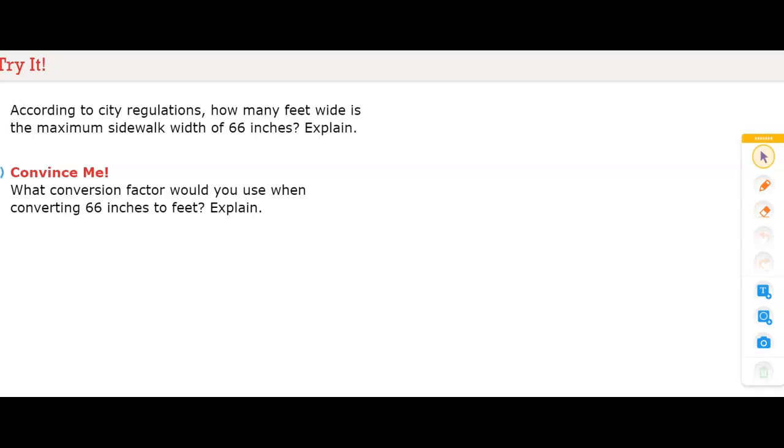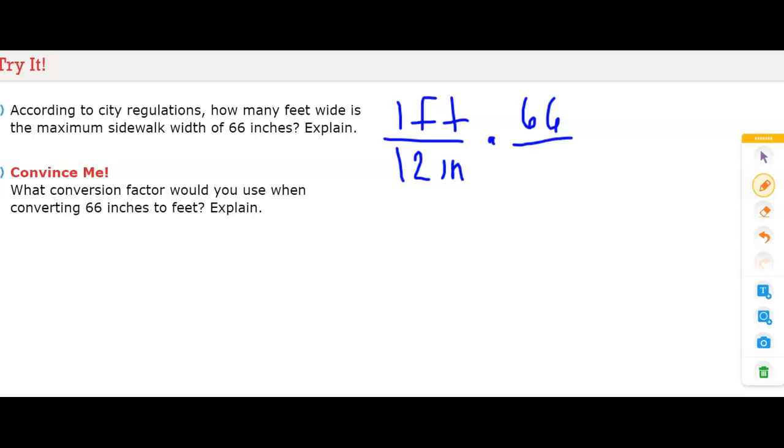According to city regulations, how many feet wide is the maximum sidewalk width of 66 inches? Explain. The conversion factor we're going to use is 1 foot is 12 inches, and we're going to multiply the 66 inches by the conversion factor.